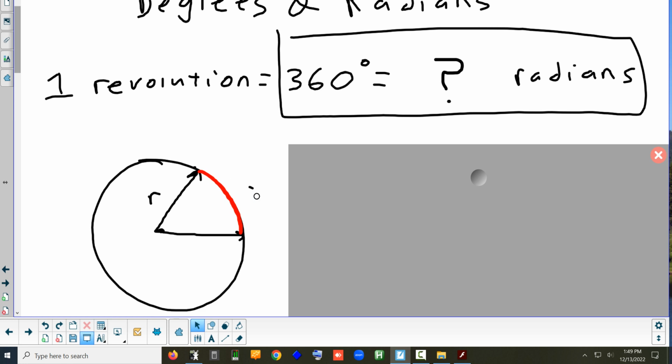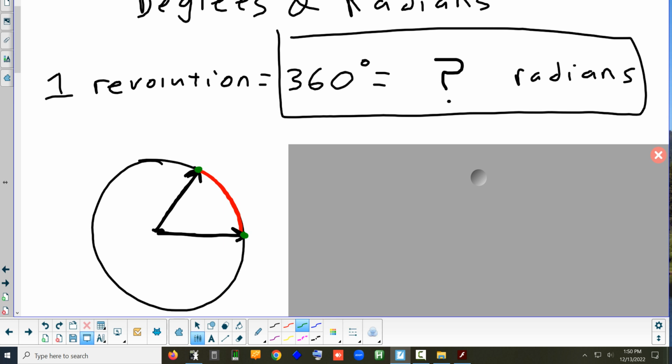So let's draw this circle. What I've done this time is I've drawn a circle, and inside the circle I put an angle. Initial side, terminal side. And the two rays of the angle come from the center, and they hit the edge of the circle here and there.